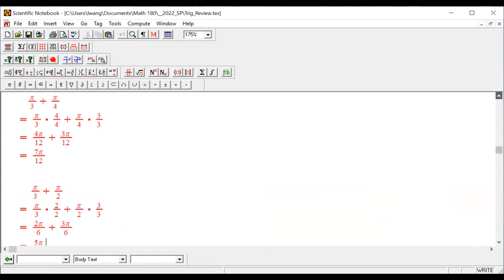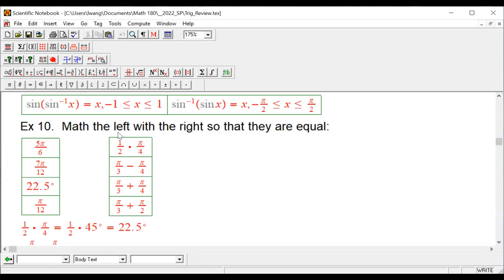So now we've finished all these operations, and let's make the matches. These two match. These two match. I'm just using different colors so we don't get confused. So these two match.